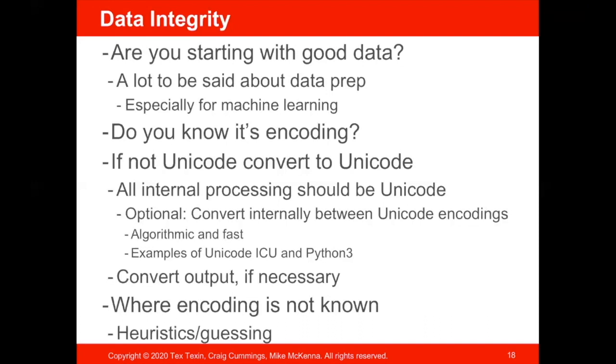But you may or may not have the best luck in trying to do so. Ideally, you have some metadata, some information about just what that data might be, even if the encoding is not explicitly marked or known. Maybe you have some hints, maybe you have some other information that will lead you to a good decision about that data, and you can get to the good data piece.